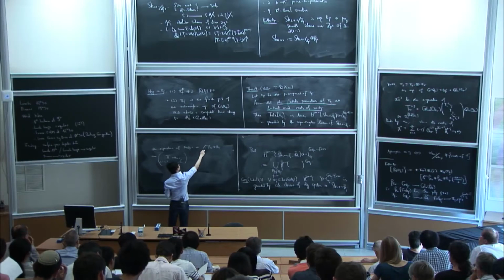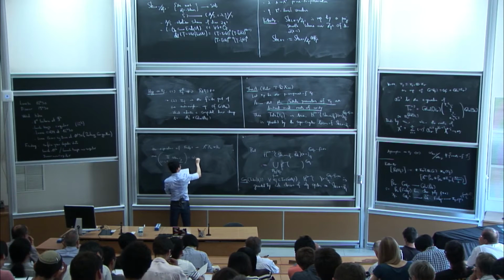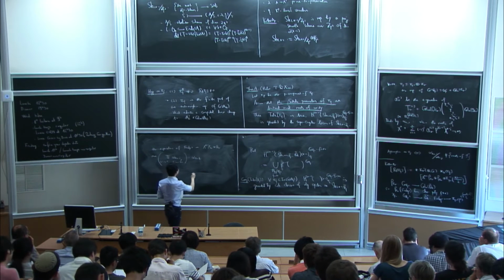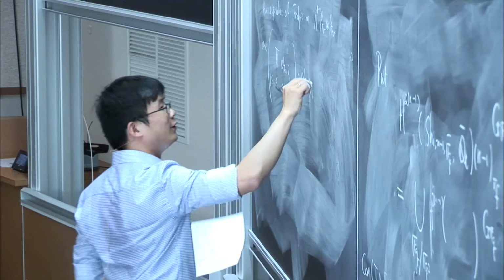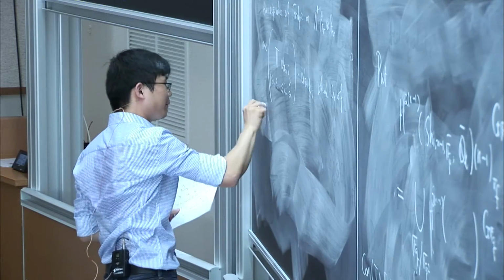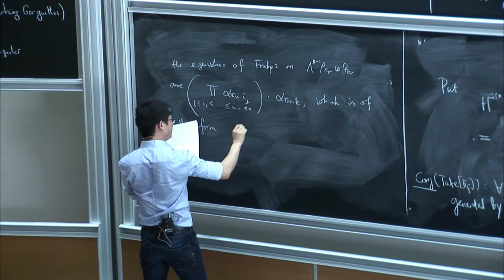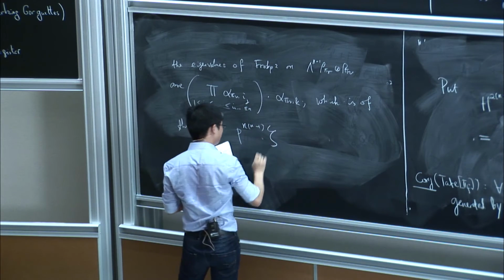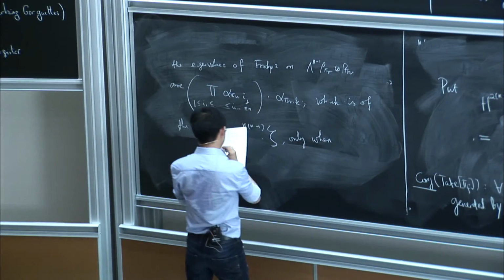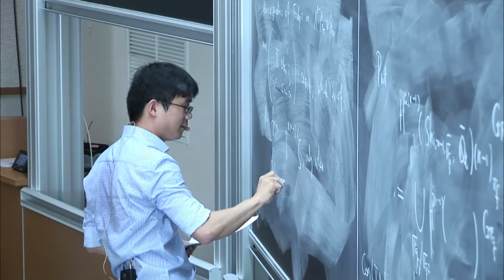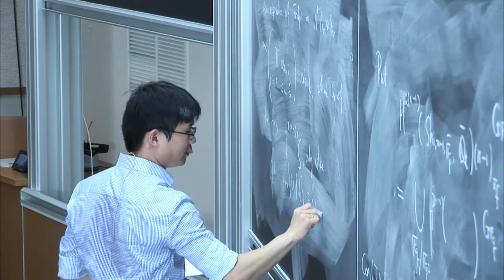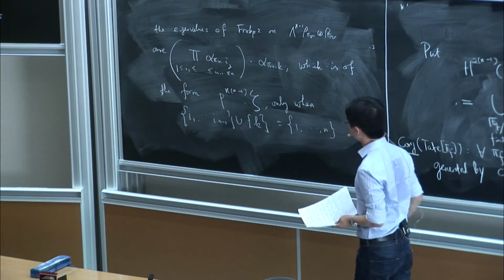So this part comes from the wedge, and this part comes from the second factor. And this eigenvalue is of the form p to the n minus 1 times certain roots of unity only when the union of this index set is exactly 1 to n, right?